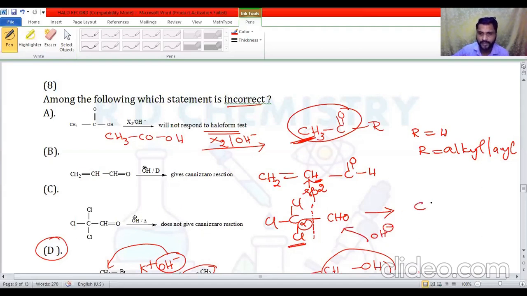It finally gives CHCl3 and the sodium salt of formic acid. So statement A is correct, statement B is correct, statement C is also correct, but statement D is the incorrect statement. For this question, the answer is option D.